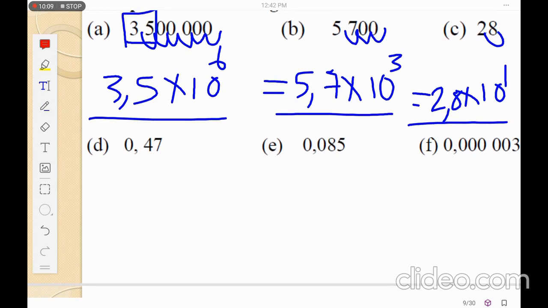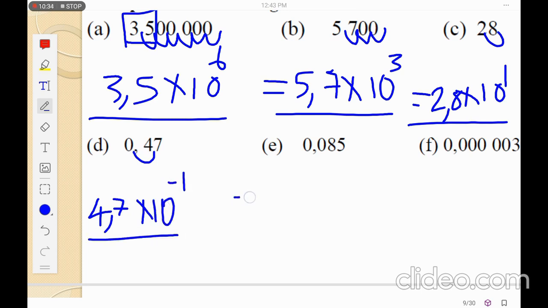For the last ones, we have 0 comma, so our powers are going to be negative because we're also going to be moving in this direction. Let's do that. If I move 1 there, I now have a 4.7 times 10 to the power of minus 1. This is my answer.